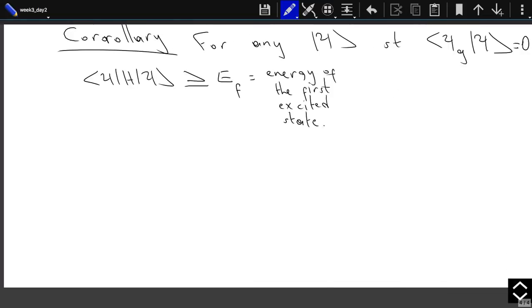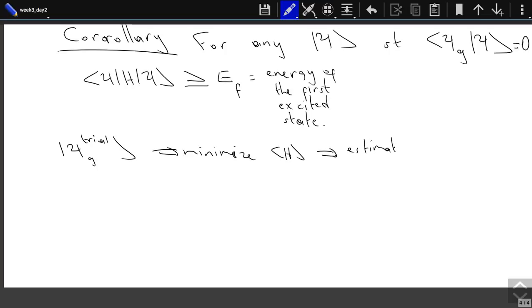So the way you can proceed is to start with a psi ground state for the trial function. Take a trial function for the ground state, minimize H, and you have an estimate for E ground, let's say estimate, and psi ground estimate.